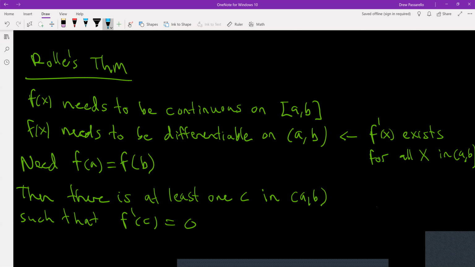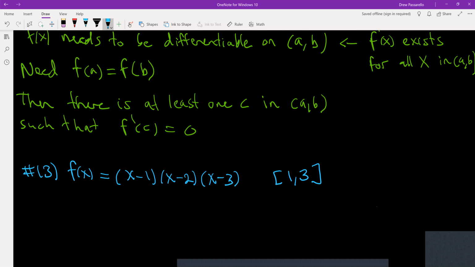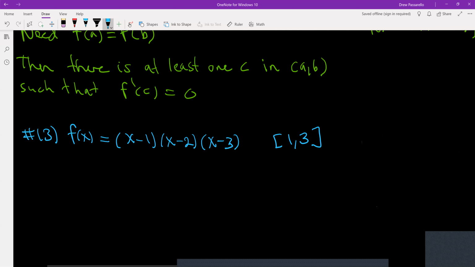Okay, so number 13. Oh, it's on the interval 1, 3. All right, so we need to check the conditions. Now, this is a polynomial that's in factored form.